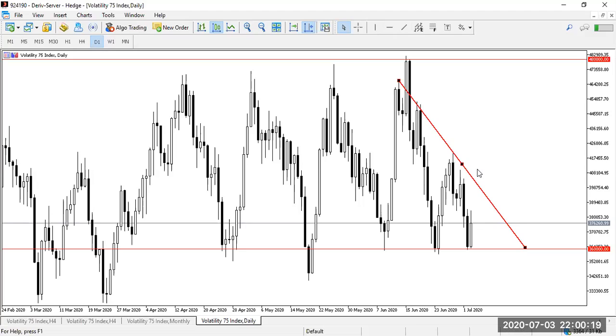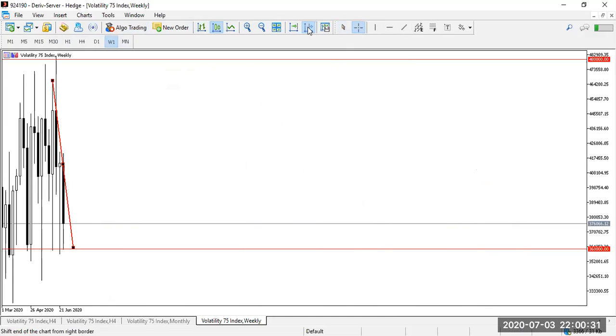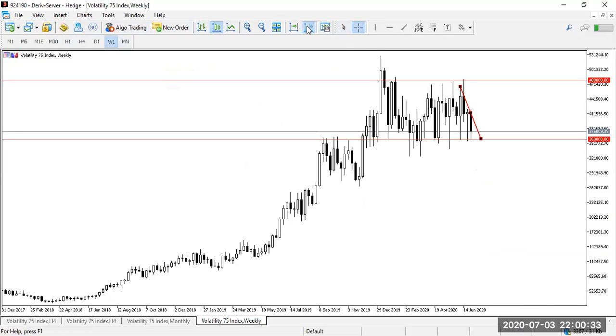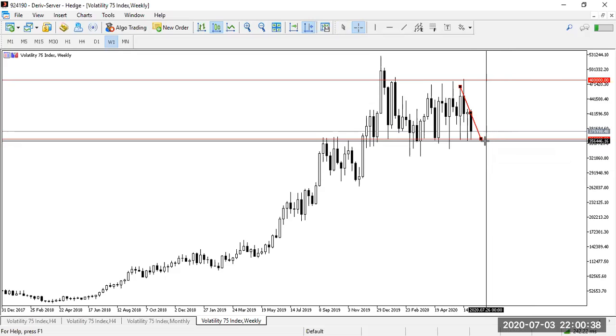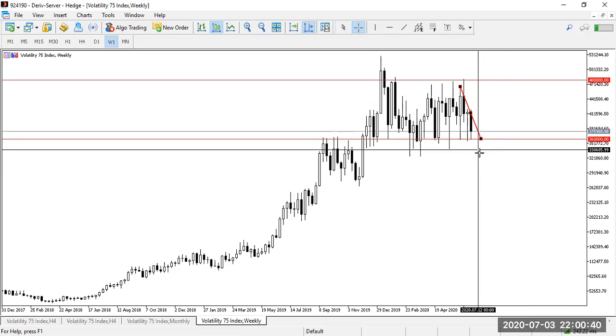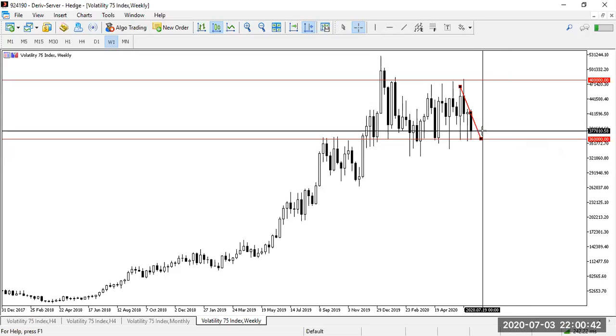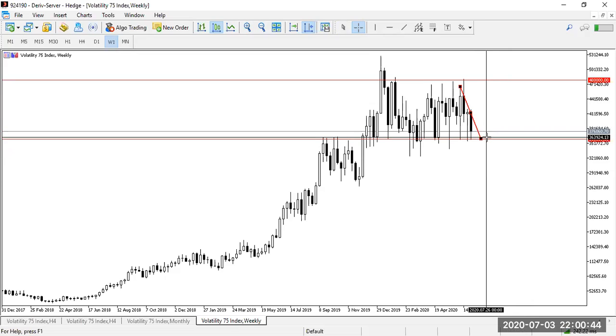I think we are going up quite a bit because the monthly was a doji. So for this weekly candle, if we don't break level 36 by tomorrow, then I think the next week is going to be quite bullish.